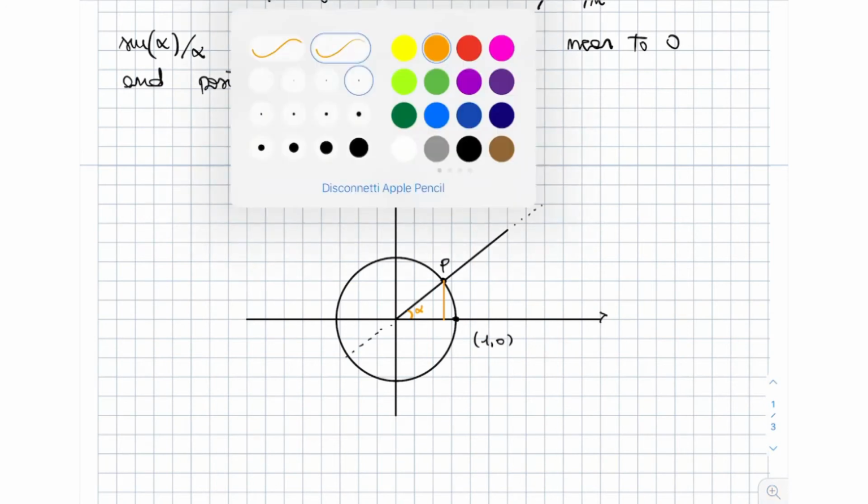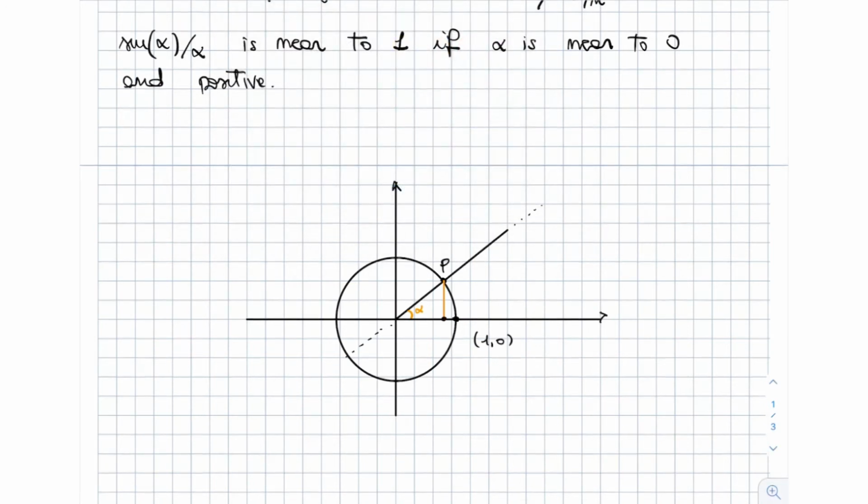Therefore, if we call this point here Q, then we know that the length of the segment connecting P and Q is exactly equal to the sine of alpha.